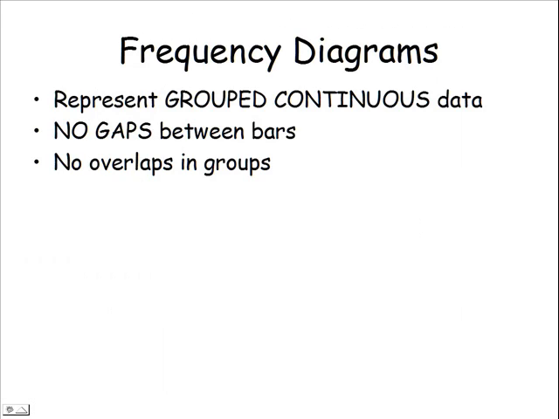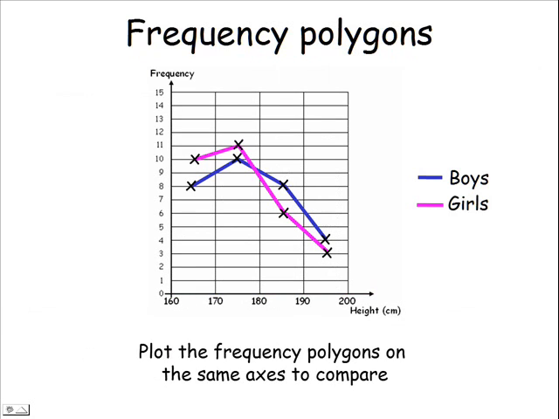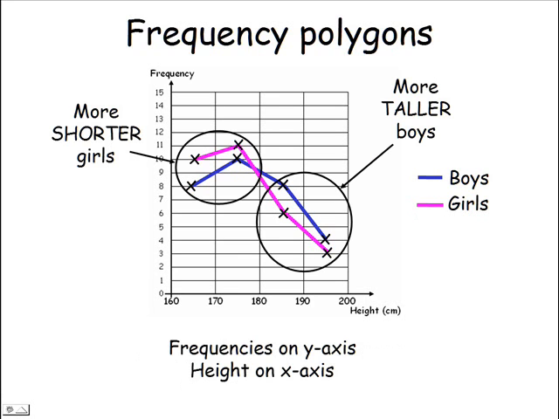To summarise then, frequency diagrams are like bar charts for continuous data, so the bars touch each other. We join up the midpoints of the tops of the bars to make frequency polygons. We can then plot multiple frequency polygons on the same axes to help us compare different groups of individuals easily. We need to be careful how we interpret the frequency polygons.